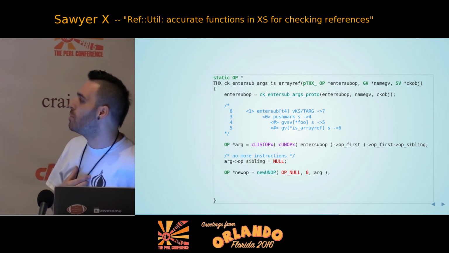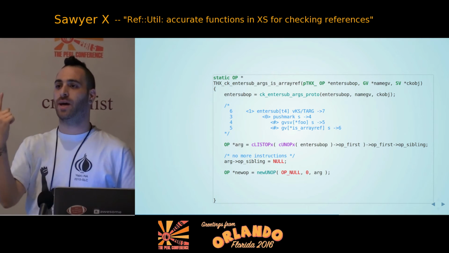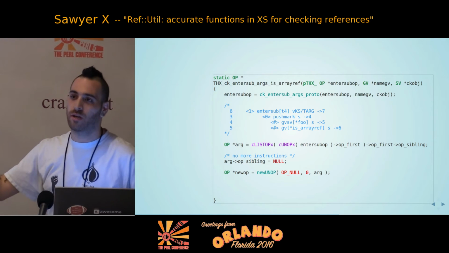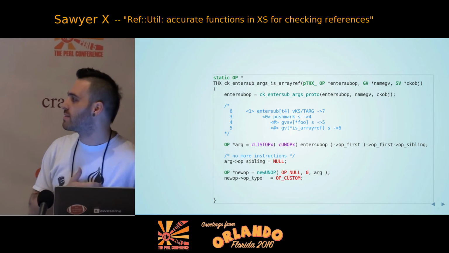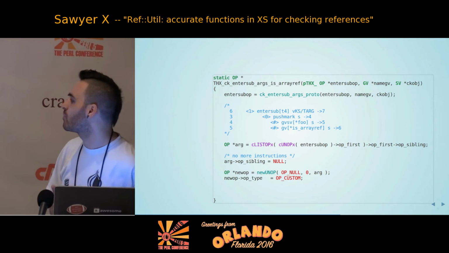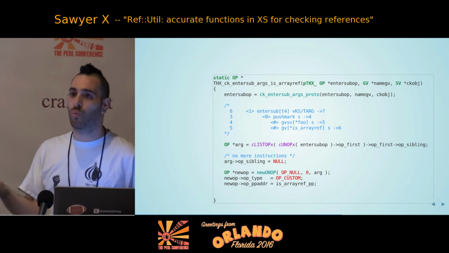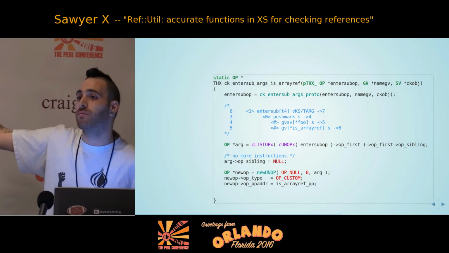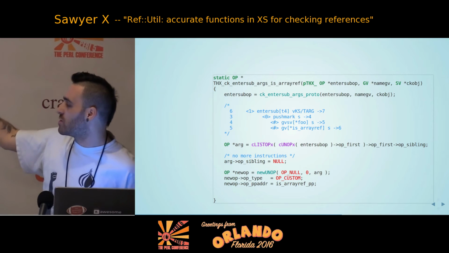We create a new op using new unary op, which means we are creating a new op that has one argument. Op null means we're starting at a null. It has nothing inside it at first. Then we set that type to op custom. And we set the address of it, which means where it's going to go for the code, to the op that we created. So we effectively changed, well, we haven't changed yet, I'm sorry.